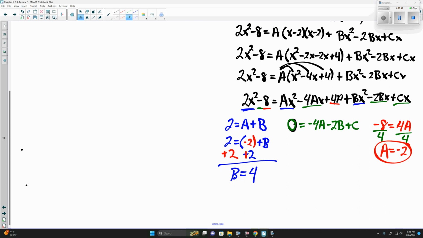And last but not least, we could plug it in to solve for c. So 0 is equal to negative 4 times negative 2 minus 2 times 4 plus c. Well, negative 4 times negative 2 is 8. 2 times 4 is 8 plus c. Well, that just tells us 0 is equal to c.